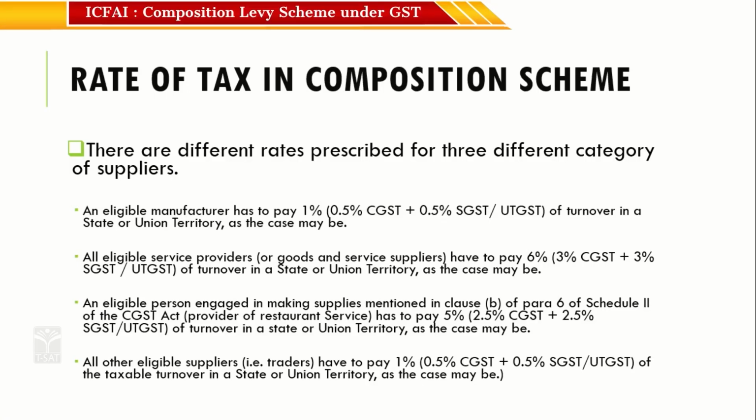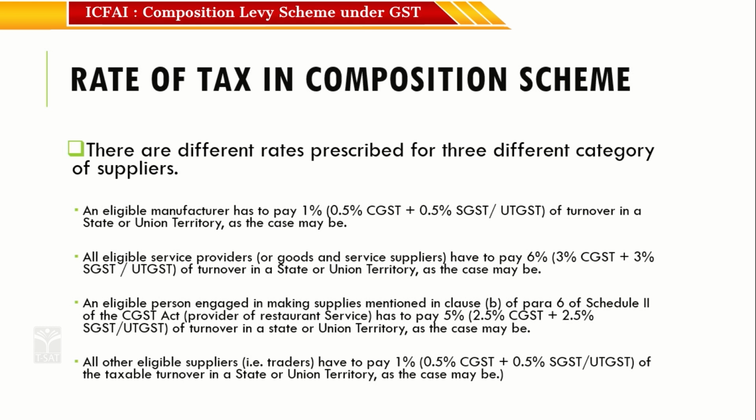An eligible manufacturer, whoever is eligible under this particular scheme, has to pay taxes only at the rate of 1%. I believe the difference is clear to you. As per normal levy, the rate can be up to 28% depending on the nature of the commodities or the services. However, over here for a particular category of manufacturer of goods or commodities, it's going to be 1%.